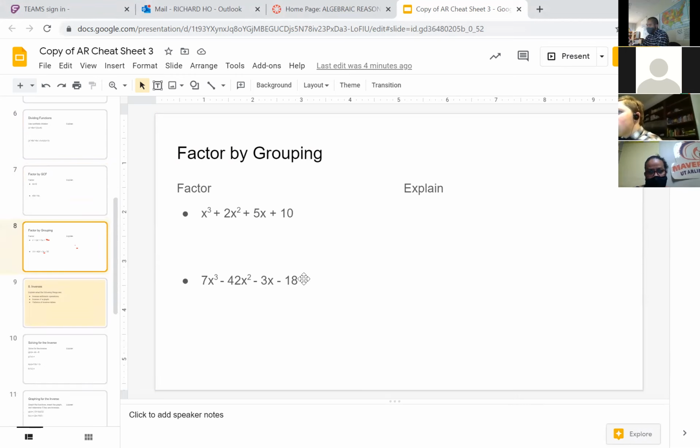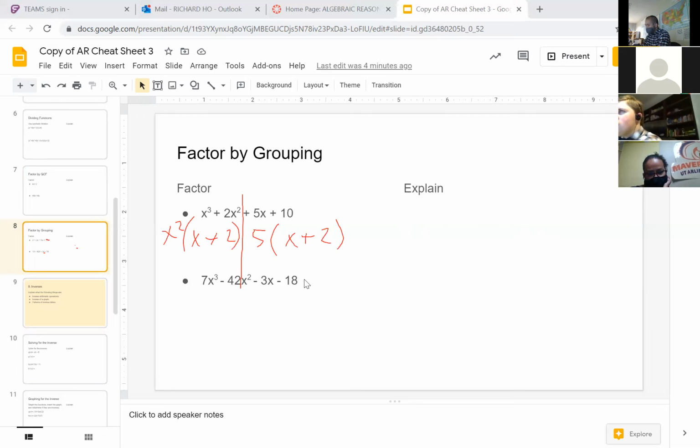Factor by grouping. This one is a little bit more complex. Let me give you an example. We're going to group piece by piece. So those two first. Out of these two, you can take an x squared. So that's x squared times x plus 2. And then here you can take 5 out of these. So 5 can come out, that's x plus 2 again.